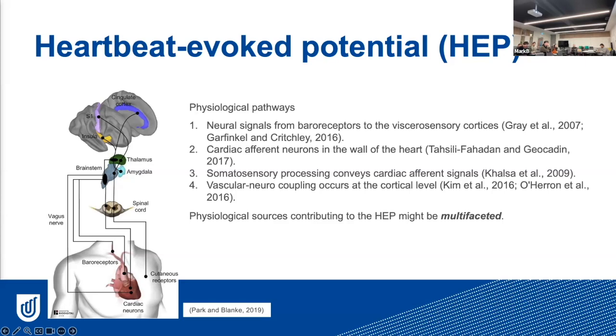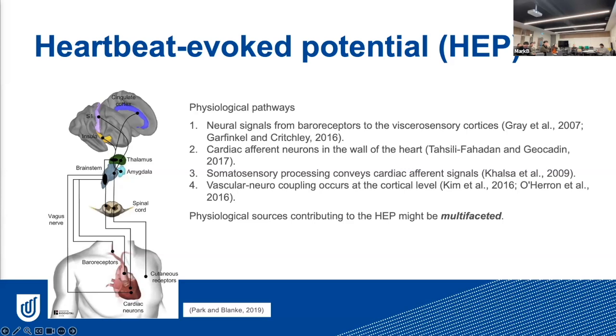So the brain keeps monitoring whether our heart is successfully and continuously beating, and whether our respiration is okay. This is more about our interoception.